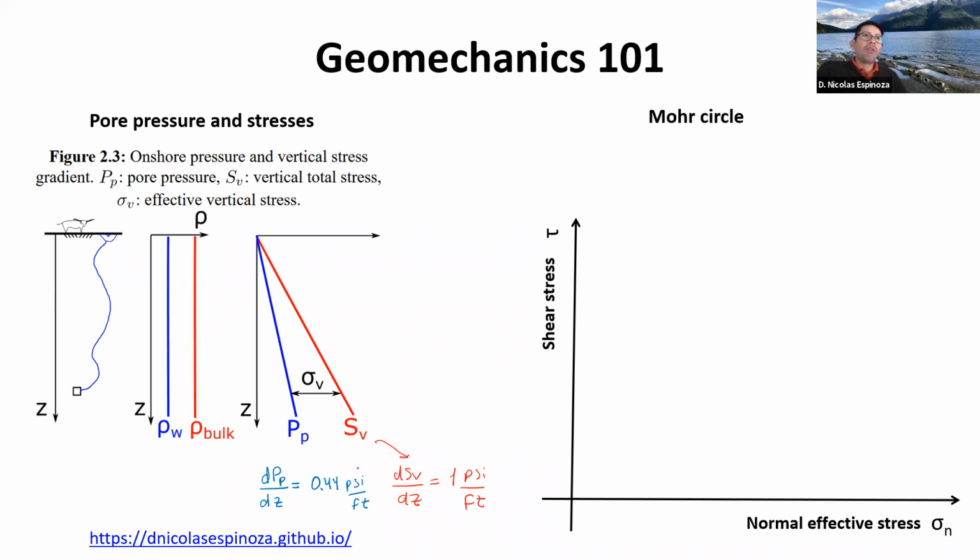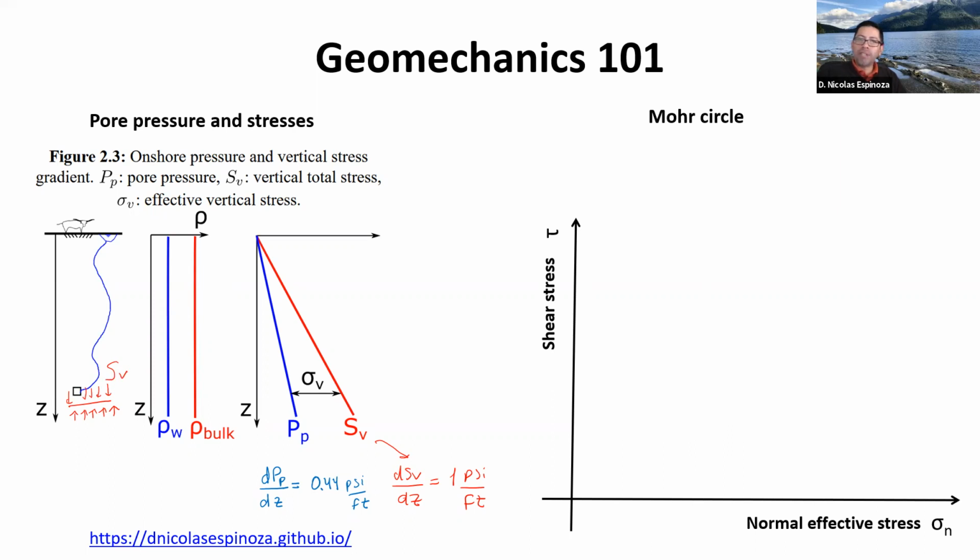So if, for example, you went 1,000 feet in depth and you tried to literally lift the ground up, the force or the pressure that you would need will be equivalent to the stress SV, or the overburden.